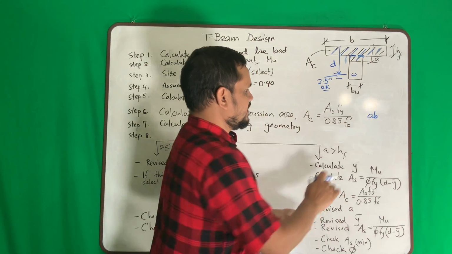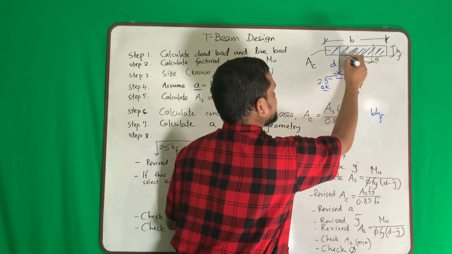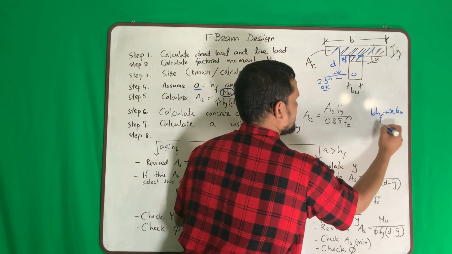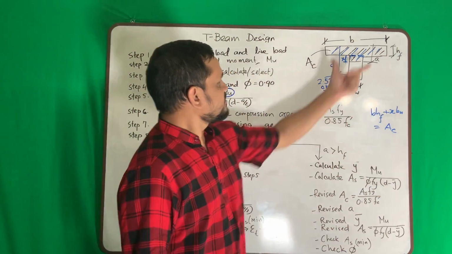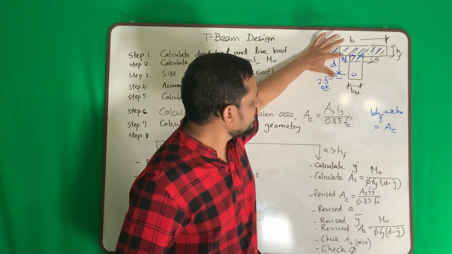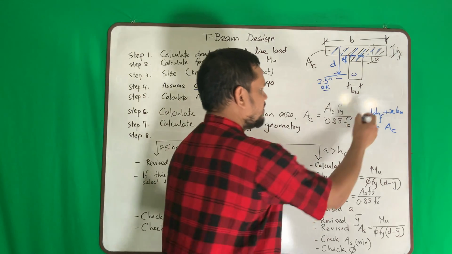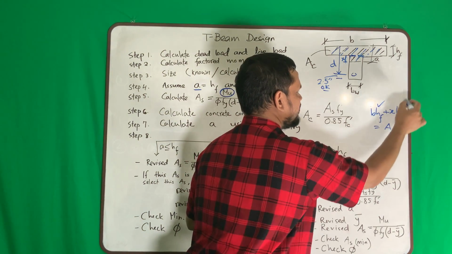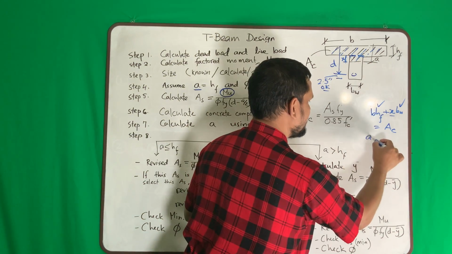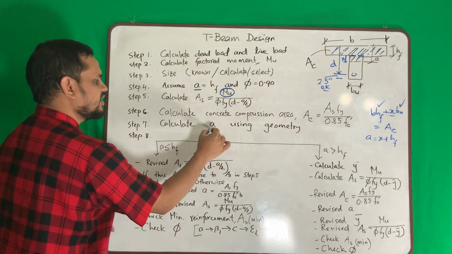Say this distance is X. The area of the flange portion is B times hf, and for the web portion I am assuming X times BW. Together these give AC. Then with B, hf and BW known, you can find your X. Then your a will be X plus hf. In this way you can calculate your a.